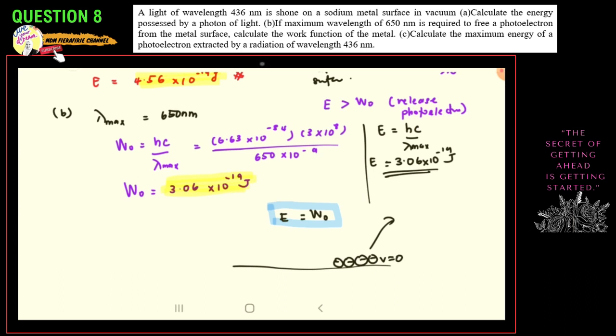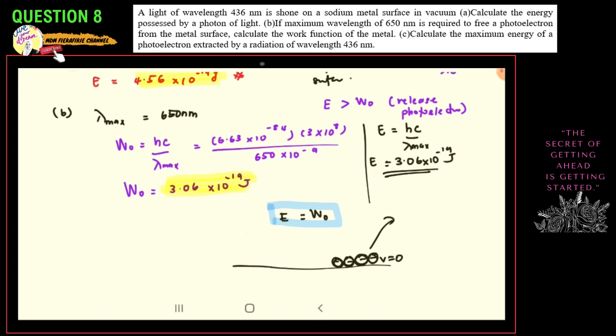Sebab tu dia kata tadi the maximum wavelength is equal to 650 nanometer is required to free a photoelectrons from the metal surface. Maknanya untuk keluarkan photoelectrons from the metal surface. So pada keadaan ini V masih samalah.